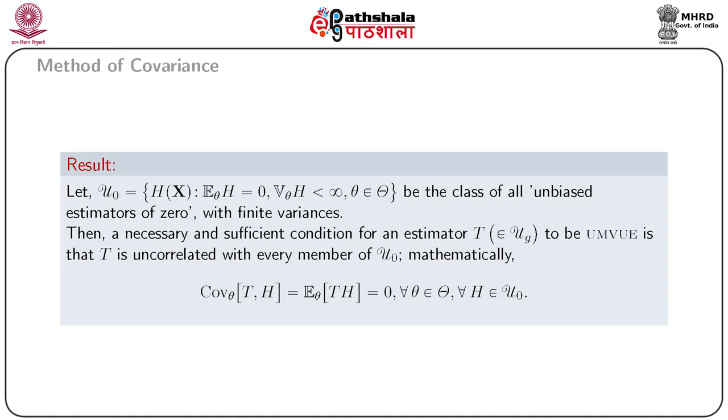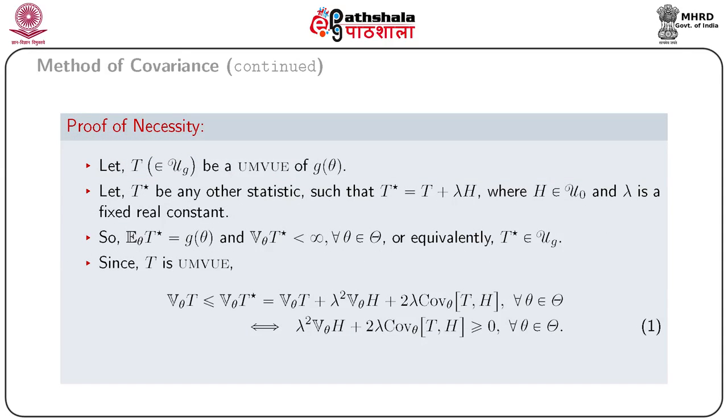Then an estimator T belongs to U_g is a UMVUE of g(theta) if and only if covariance of T, h equals 0 for all theta belongs to Theta and for all h belongs to U_0. That is, T is uncorrelated with every unbiased estimator of 0.